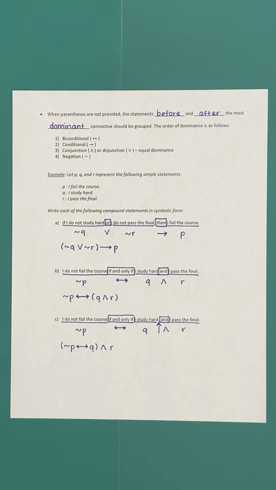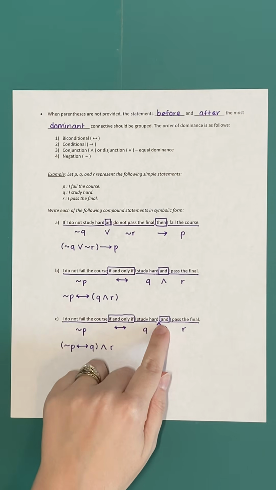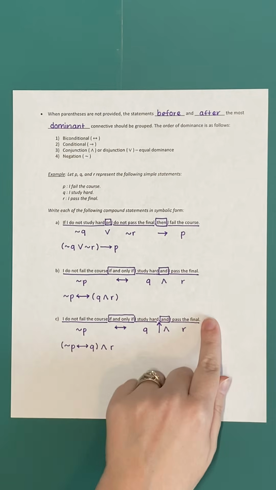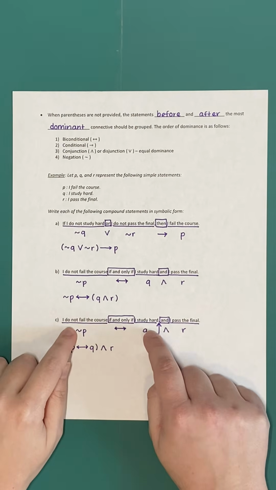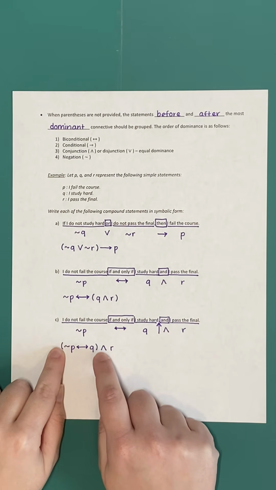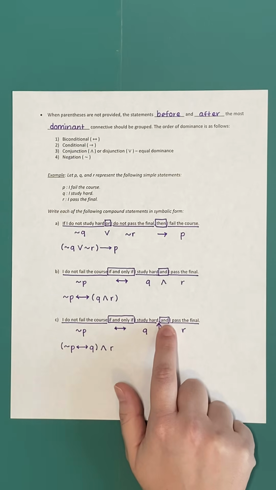So dominant rules only apply when we don't have a comma telling us how to group. Because of the comma, we're going to separate everything before and everything after the comma. So the grouping is going to be around not P if and only if Q. And then we have the conjunction, and then we have R after our comma.